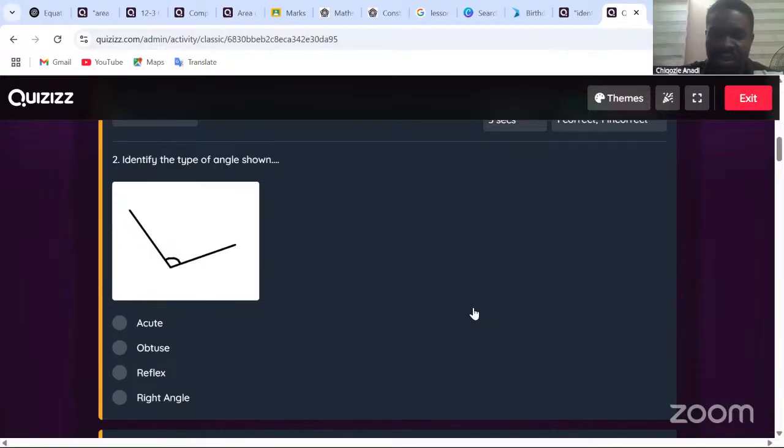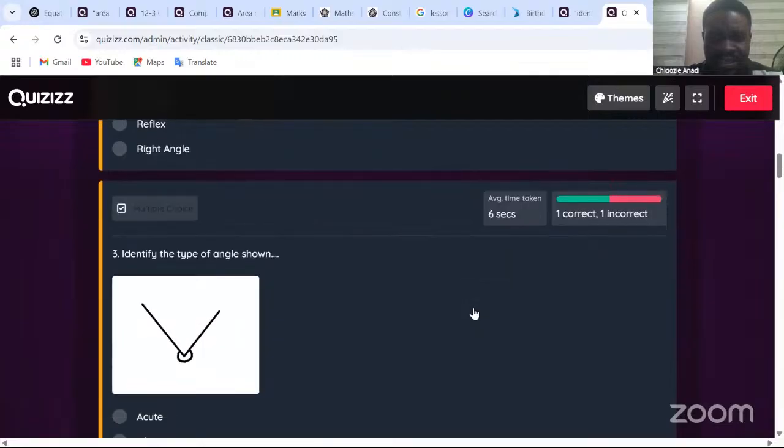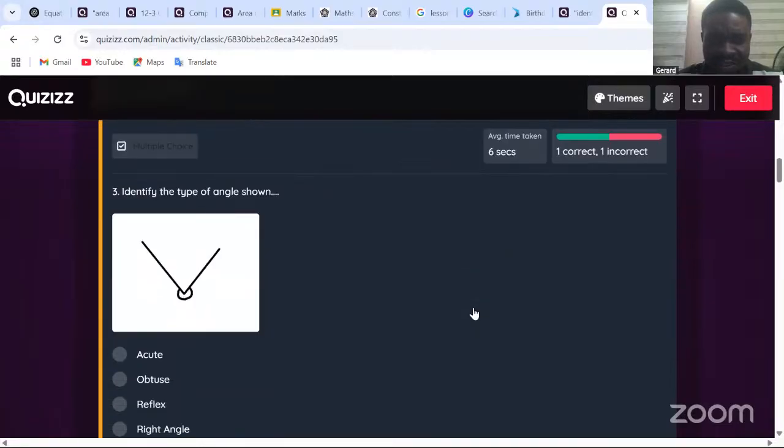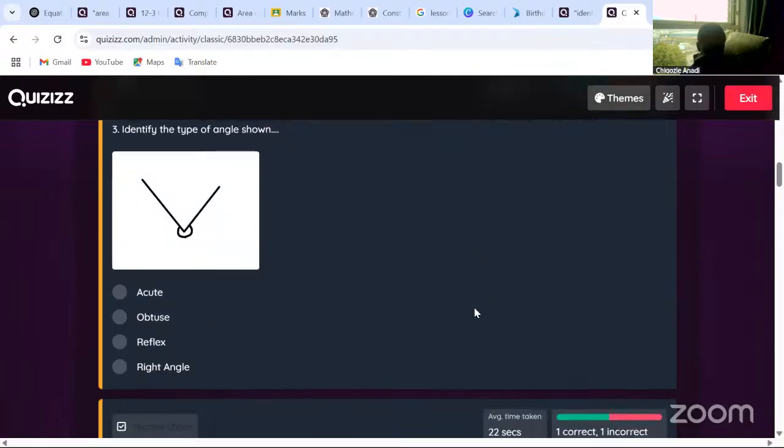Obtuse angle, because the angle is greater than what? 90 degrees, but less than 180. Very correct. Look at this one, question 3. What type of angle is this? Reflex angle. Absolutely correct. So why were you failing it, Chimamanda? Was it that you were nervous when you were picking the options? You're getting the answers now. That is correct. Reflex angle.